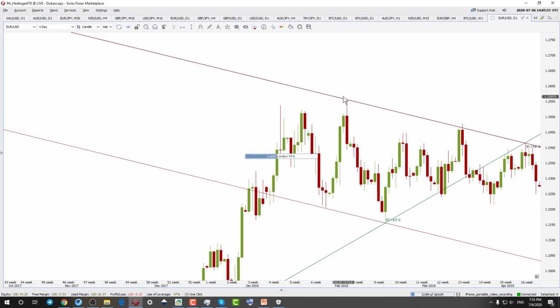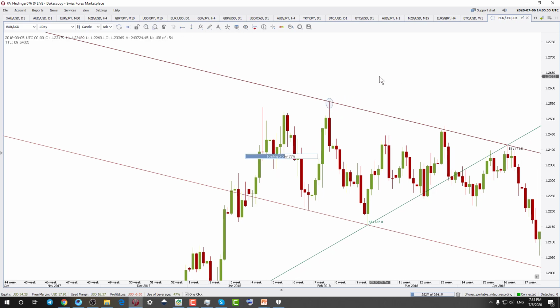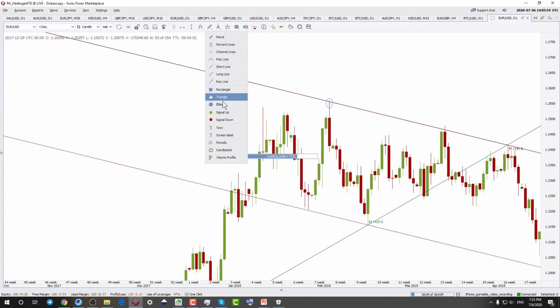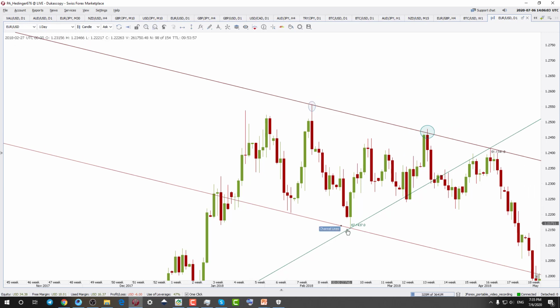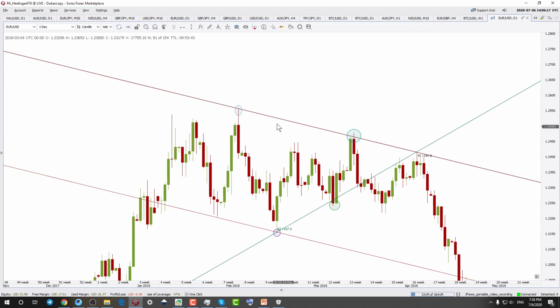See, there was a significant high, then there was a lower high, and from here there was a low, and then a higher low. You see, two lower highs and two higher lows, and then it formed a symmetrical triangle.